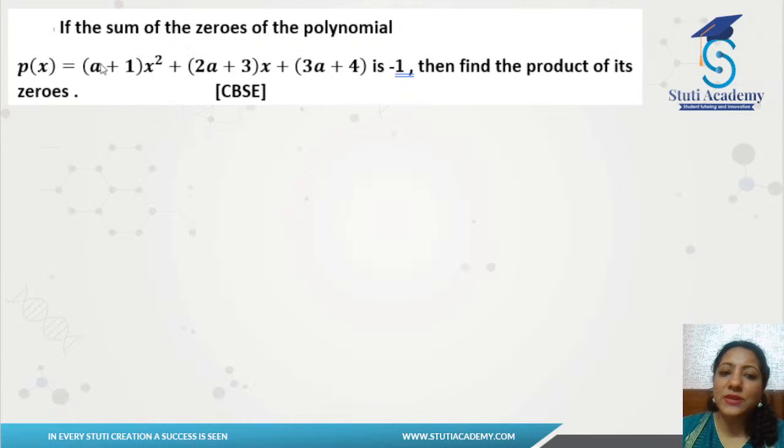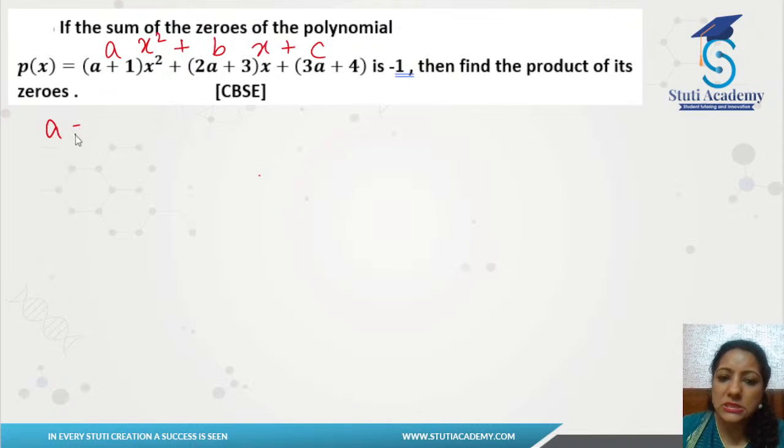Now, in this question, it's given to us: if the sum of the zeros of the polynomial (a plus 1)x square plus (2a plus 3)x plus (3a plus 4) is minus 1, then find the product of its zeros. So, this is the polynomial given to us. This is ax square plus bx plus c.